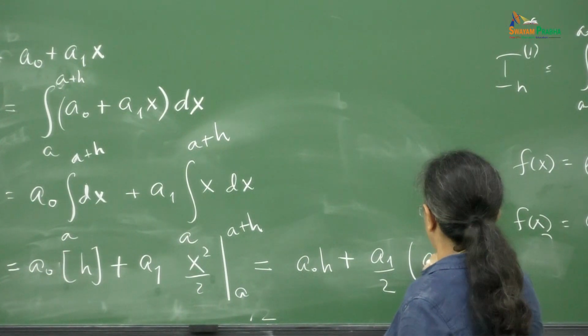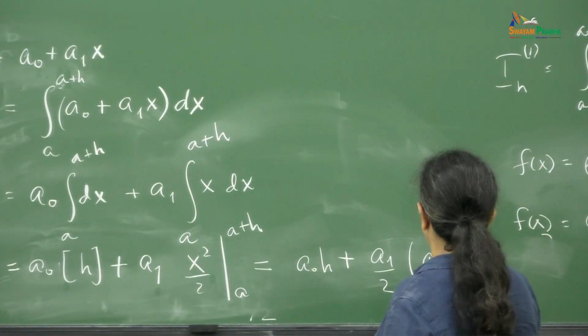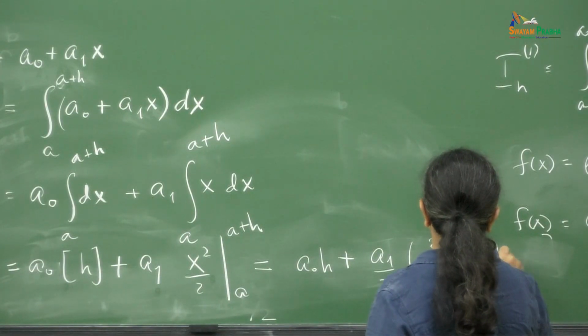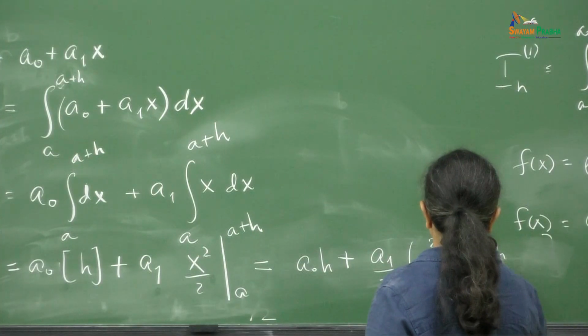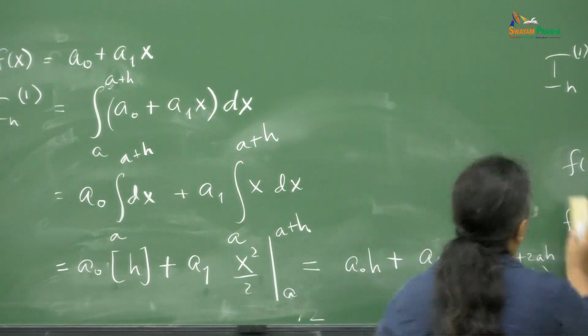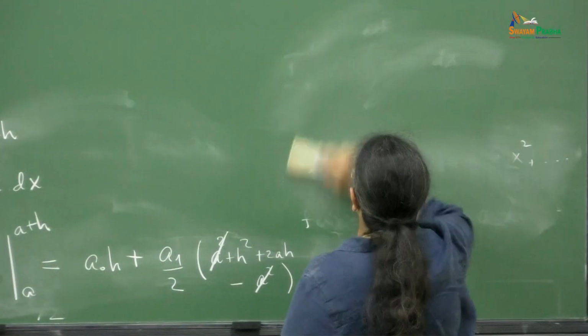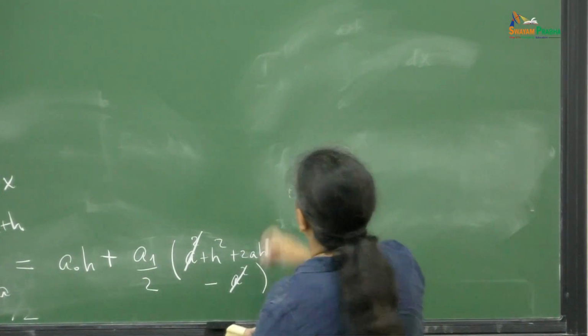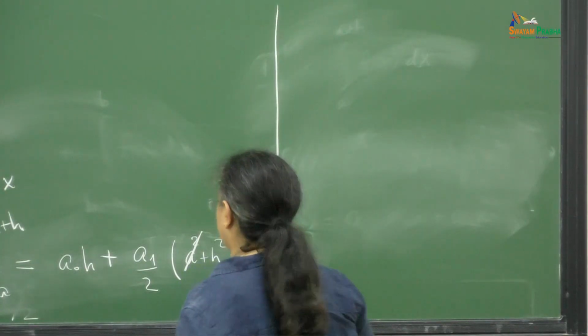This has to be a square plus h square plus 2ah minus a square. So these two cancel, so that I have, am I right? Please check.